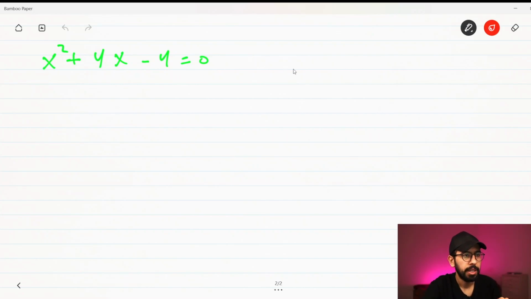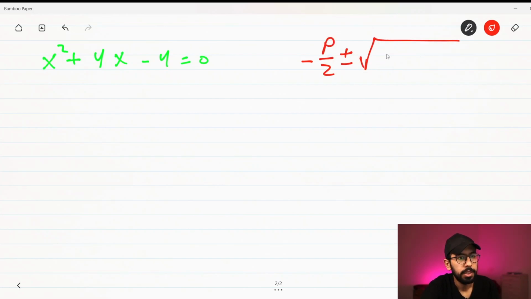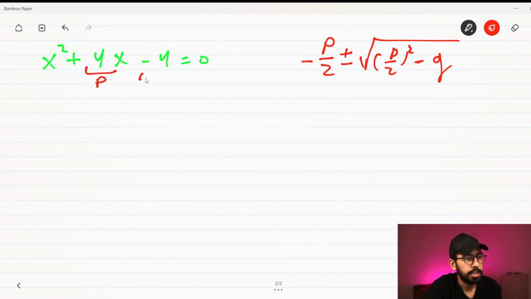So we need to solve it using the ABC formula or the PQ formula. I think we should use the PQ formula because it is shorter than the ABC formula: x equals minus P over 2, positive or negative, the root of P over 2 squared minus Q. So this is our P here, and this is our Q.